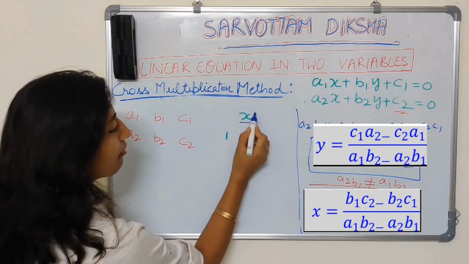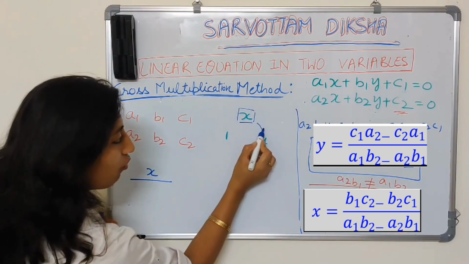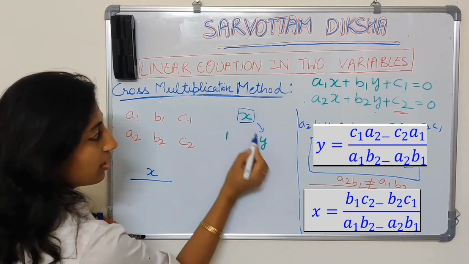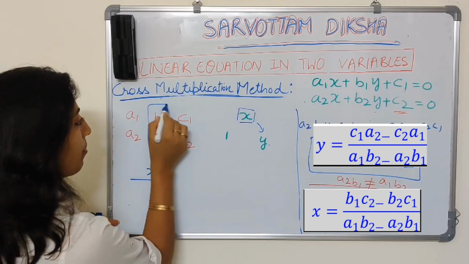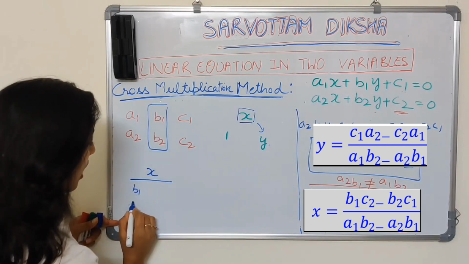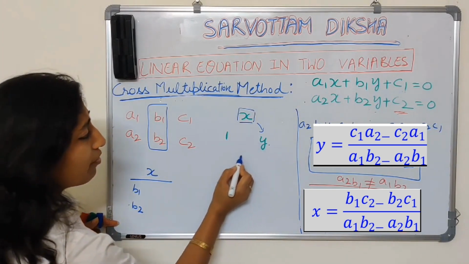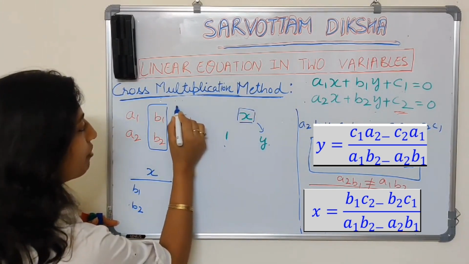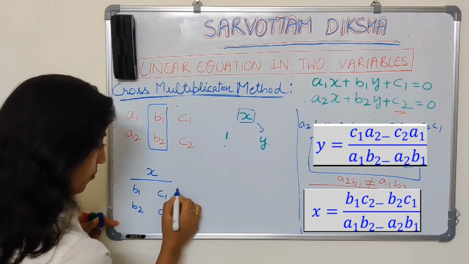Let me start from x. Write x. After x, what are we having in our circle? y. So we will write coefficients of y, that is b1, b2. Then after y, what is coming? 1. We will write coefficients of 1, c1, c2.